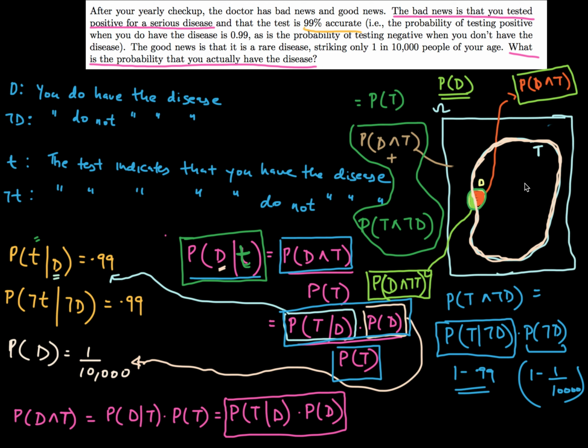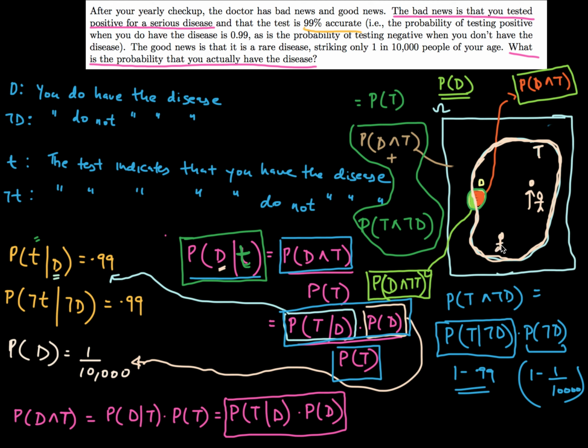If you look at this picture here, you could very well be over here, which just indicates that this person is a person that doesn't have the disease. It's the person for which the test has indicated is positive, but the person doesn't have the disease. And this person over here has the same thing.